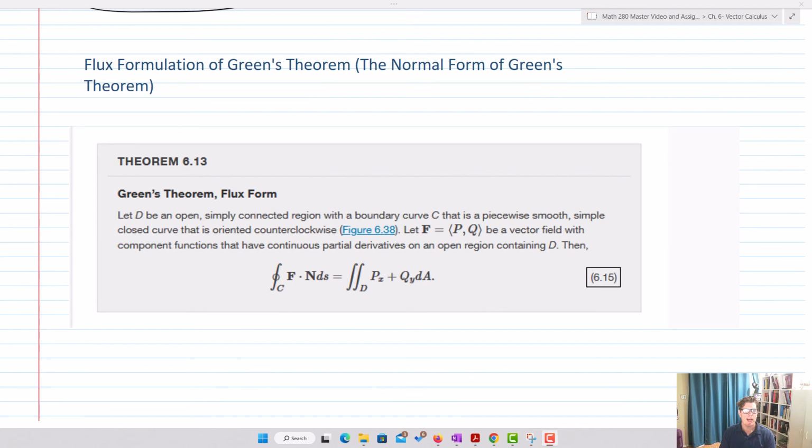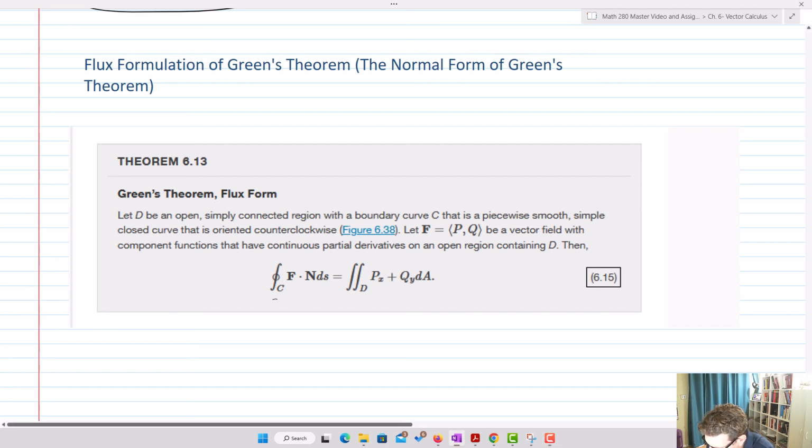Now we want to look at an easier way to find flux utilizing Green's theorem. So recall that the equation for flux is the line integral of f dot n ds, where n is the normal vector of the boundary curve.